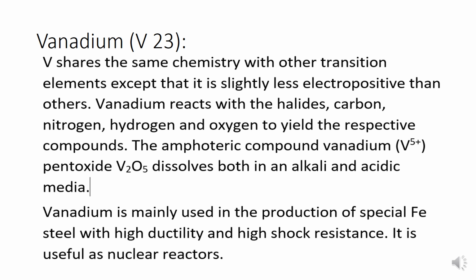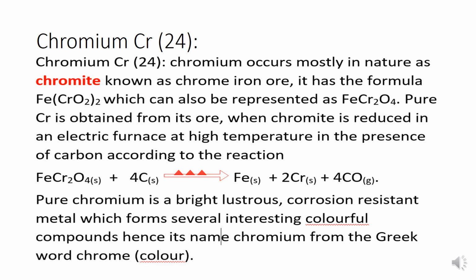The amphoteric compound of vanadium, vanadium(V), known as vanadium pentoxide, dissolves both in alkali and acidic medium to prove its amphoteric tendency. Vanadium is mainly used in the production of special iron steel alloys with high ductility and shock resistance. It is also useful in the construction of nuclear reactors.